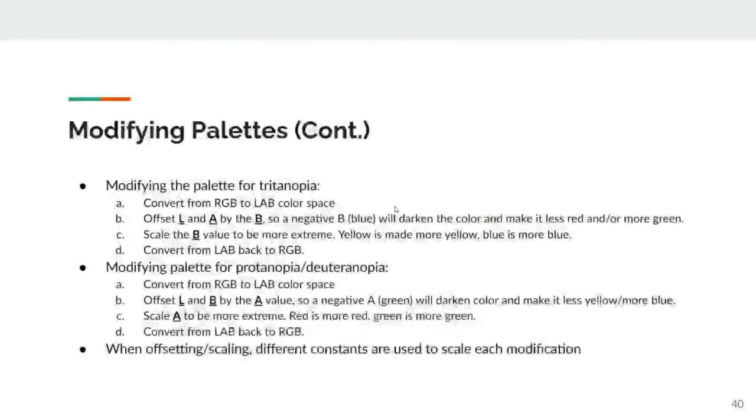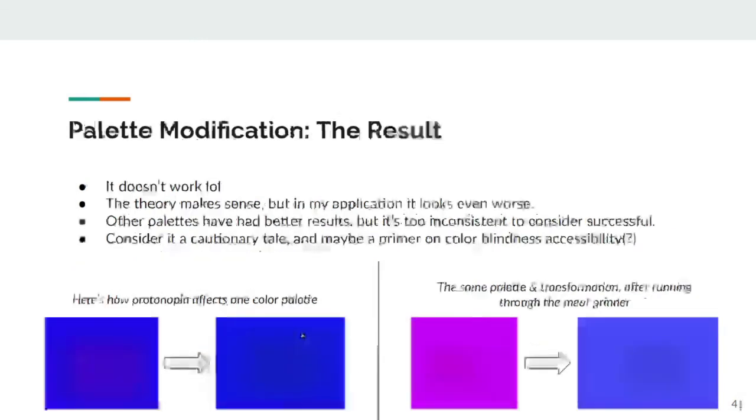Having a blue color will darken the overall image and make it less red and more green, whereas the opposite will happen if it's positive. Then you convert back to RGB and use that. Similar approach for the other two, except instead of modifying the L and A, you modify L and B and use the A as your point of reference. And then you use different constants. Again, the result doesn't work. At least mine doesn't work.